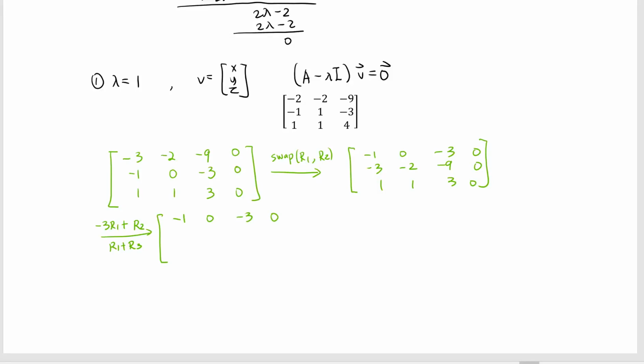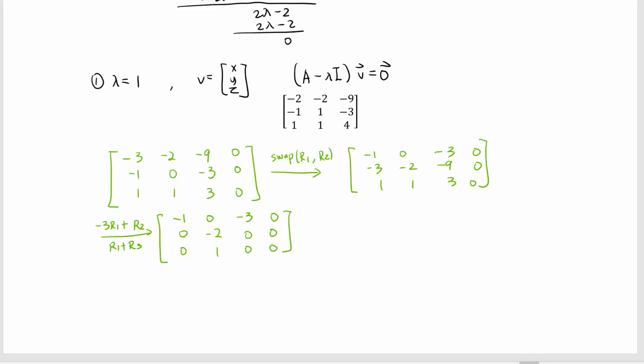So we get 3 plus 3, 0. And then 0 plus negative 2, negative 2. And then, oh, negative 3 times negative 3, 9. 9 minus 9, 0. Okay, and then next one we have 1 plus 1, 0. 1, 3 plus 3, negative 3, 0.